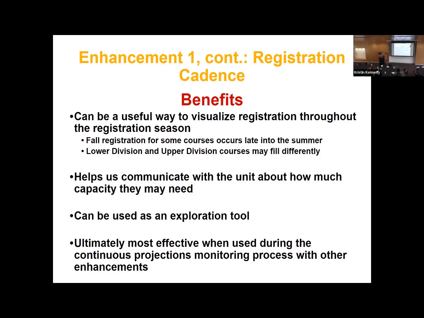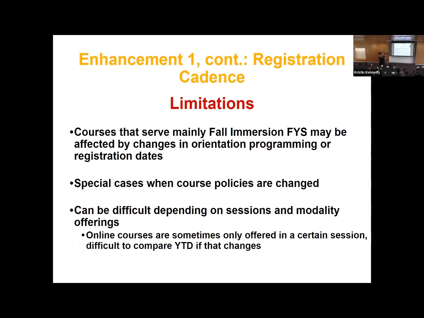It's really used in conjunction with all of these other things. But it does have its limitations, obviously, with that DAT 250 example. It's not going to be able to effectively show you what those last couple of weeks of enrollment would be, because it was full.